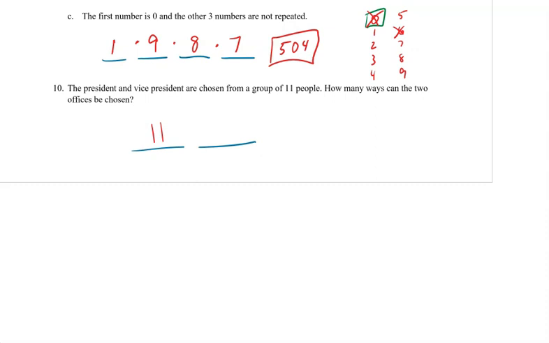Here's the thing though, even though it doesn't specifically say repeated or not, think about this problem. Can somebody be chosen to be both president and vice president? No. So that means out of those 11 people, one of them is already the president, so they're out, which means there's only 10 choices left. Which gives us 110 possibilities.